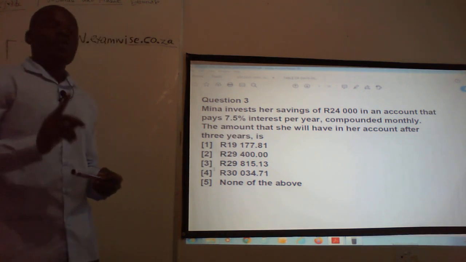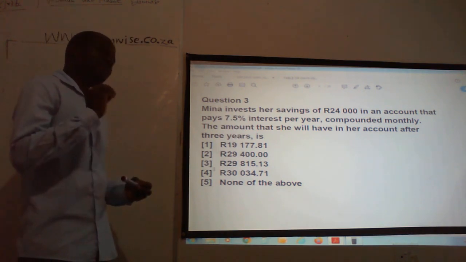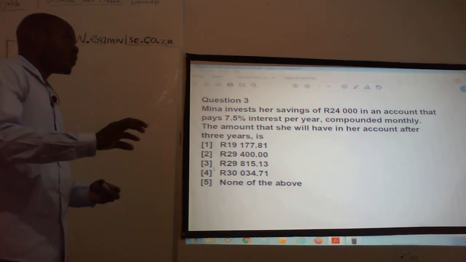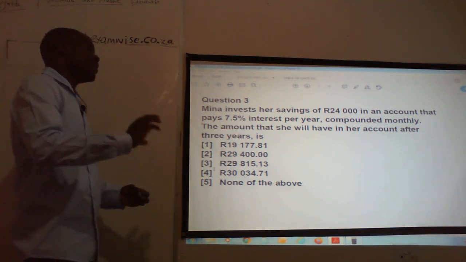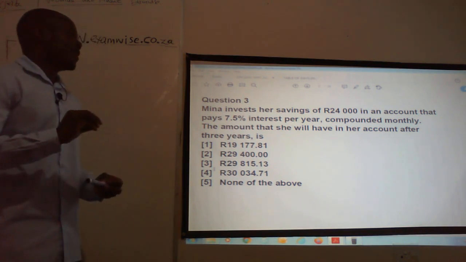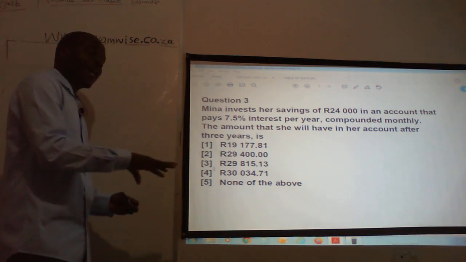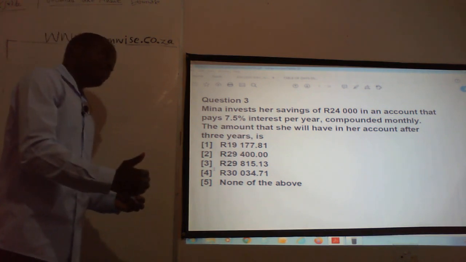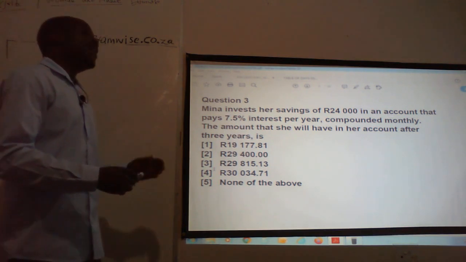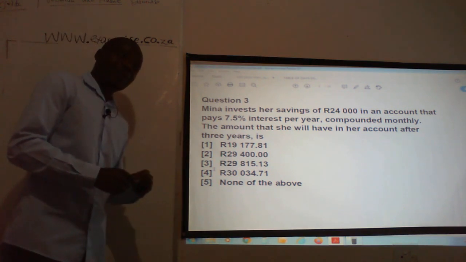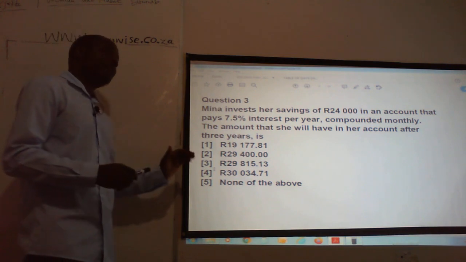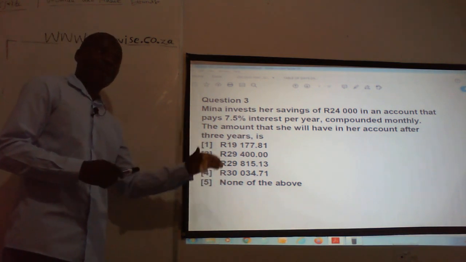I need to emphasize right from the beginning, before we start our bonds, as long as we are dealing with compound interest, as long as we are dealing with annuities, before we touch our bonds, we need to enter 4 variables into our financial calculator so that we can determine the missing variable.